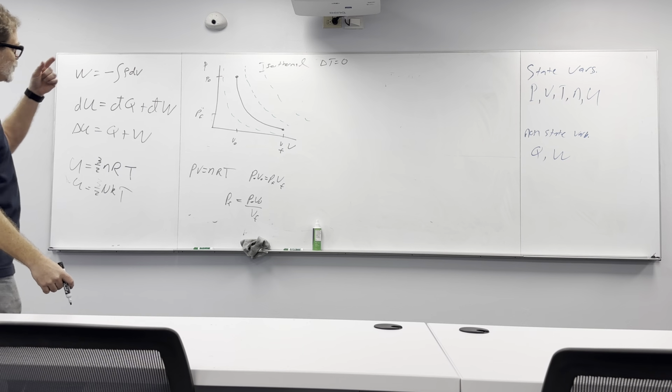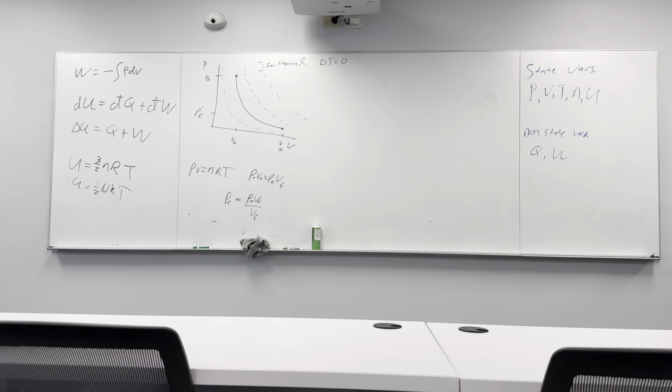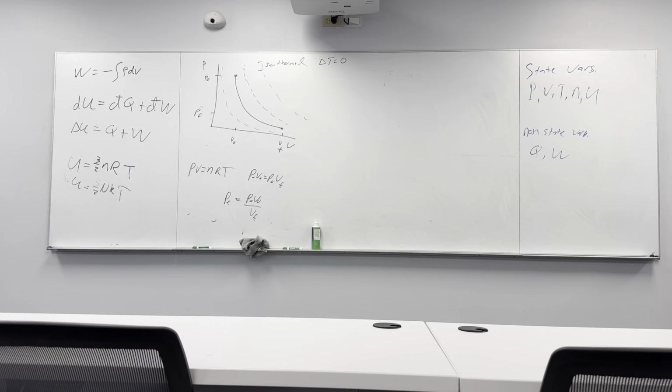Okay, let's work through this. If delta T is 0, what does that mean for my first law? What else is 0? Delta T is 0, something else has got to be 0. Q?